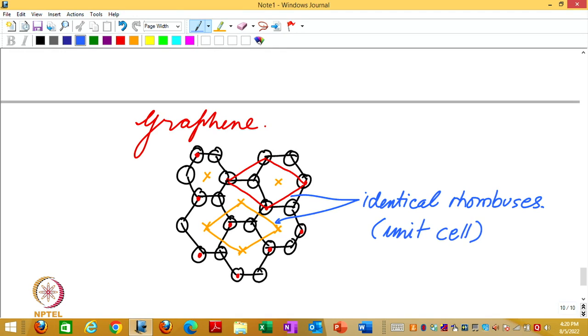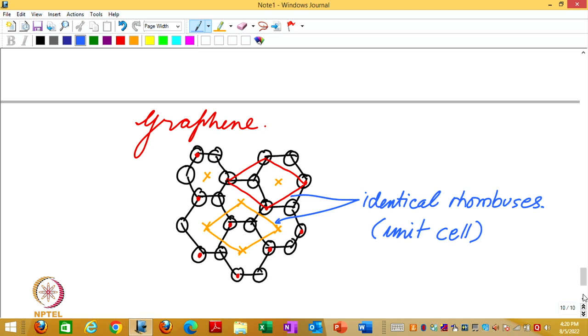So, again either the red points or these cross points show the periodicity of the structure, they do not tell me what the structure is. I could have repeated single points on this lattice, but if I repeat single atoms on this lattice, I will not get graphene. To get graphene, I have to repeat a pair of atoms at these lattice points, as we have seen.